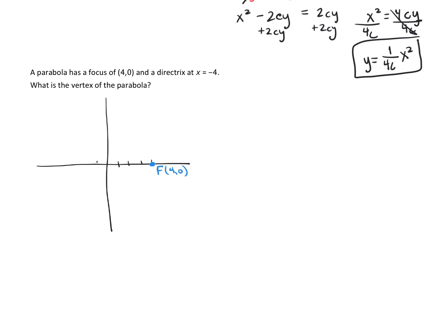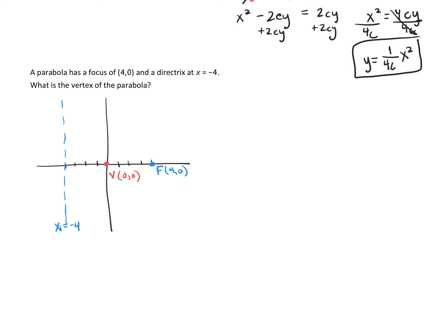So that's going to be a vertical line, 1, 2, 3, 4, going through the x-axis at -4. What we know about these parabolas is the vertex is going to be halfway in between these. These are the same distance away from the vertex. It's that focal distance that we talked about. So the vertex has to be right there at (0, 0).